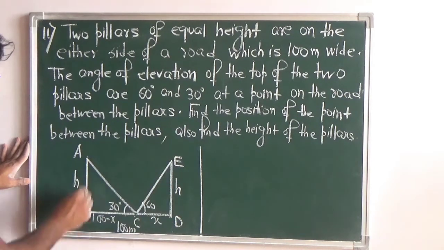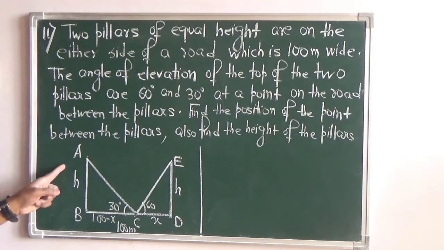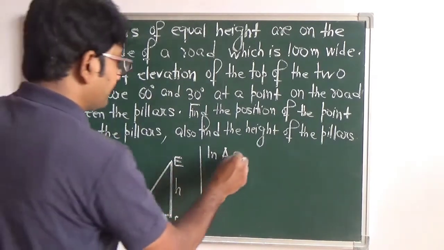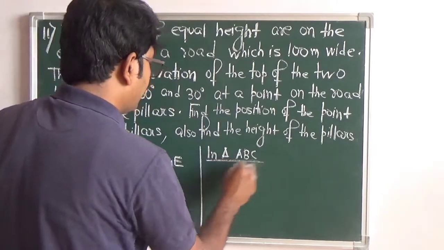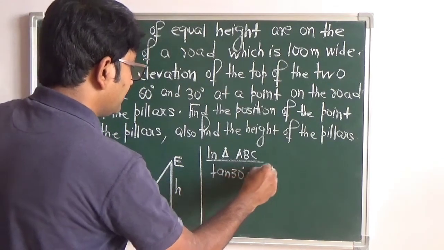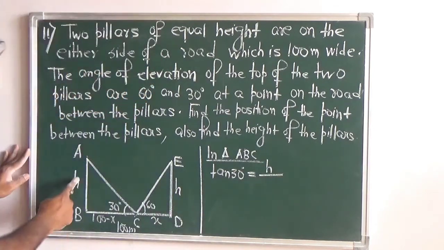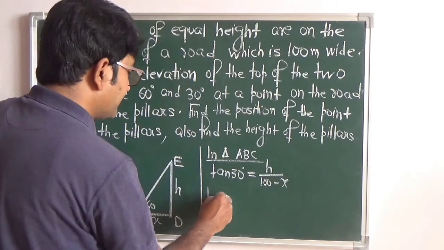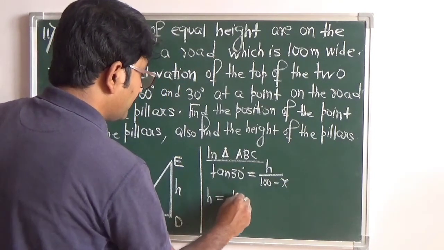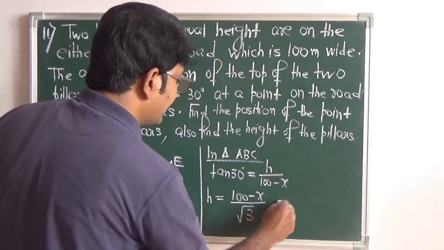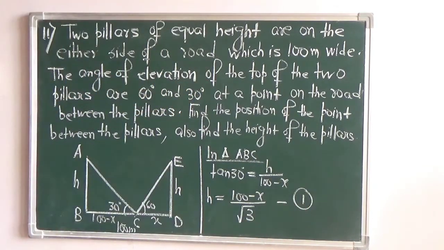This is H, this is H. Applying the trigonometrical ratio, perpendicular by base, in triangle ABC, tan 30 degree is equal to H by 100 minus X. So H equals 100 minus X into tan 30, and tan 30 is 1 by root 3, so H equals 100 minus X by root 3. This is equation 1.